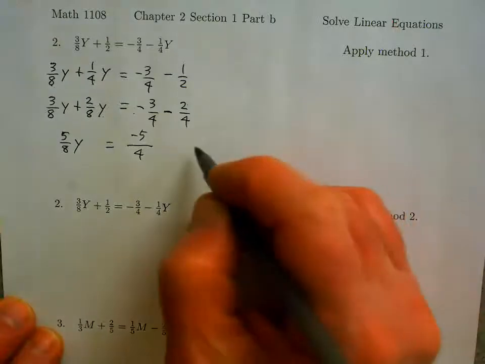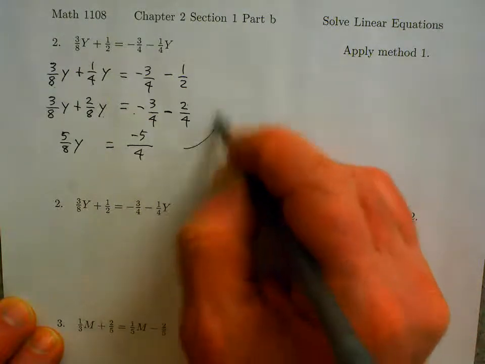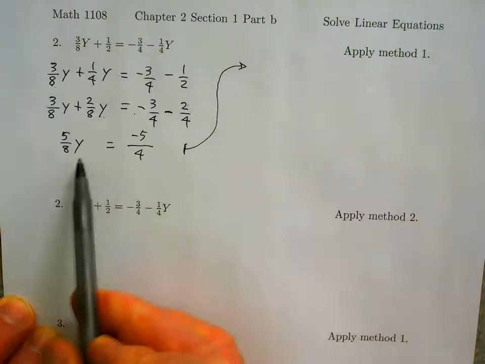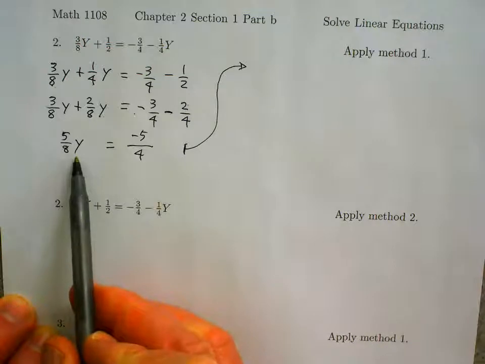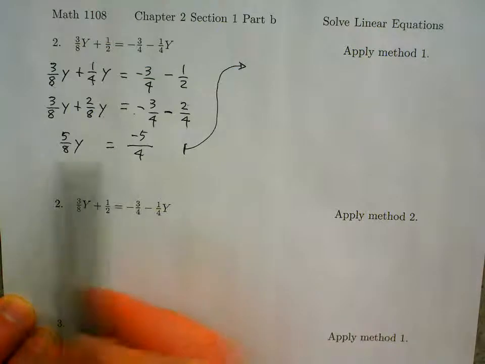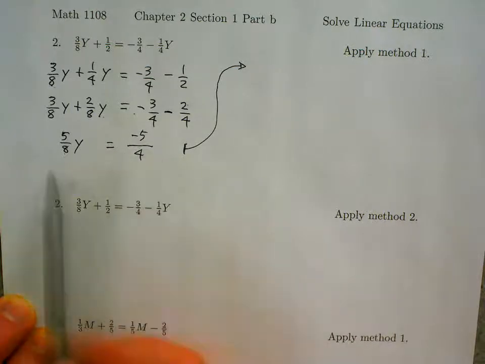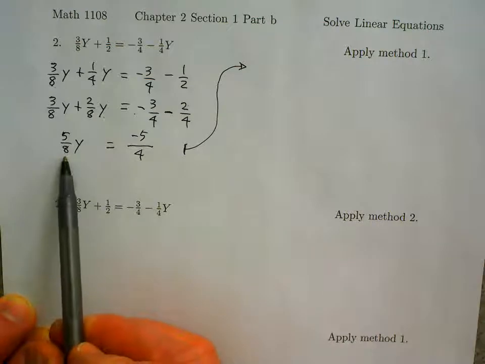So we have a couple of options. In the end, we want just one y. So one option is to multiply both sides of the equation by the reciprocal of 5/8.